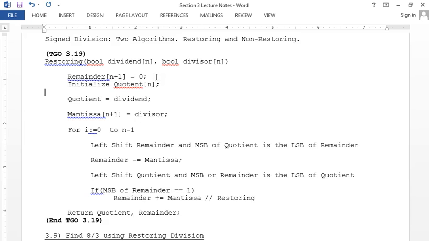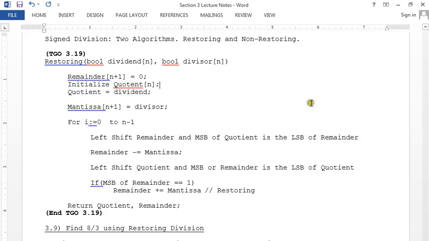Right, this is pseudocode. And so it's going to be equal to this value. So your dividend, so if we're doing 10 divided by 3, we're going to initialize the quotient to equal 10. And if you think about it, that makes sense. Because I want to have my initial value, and then we're going to keep dividing it by subtraction, right?